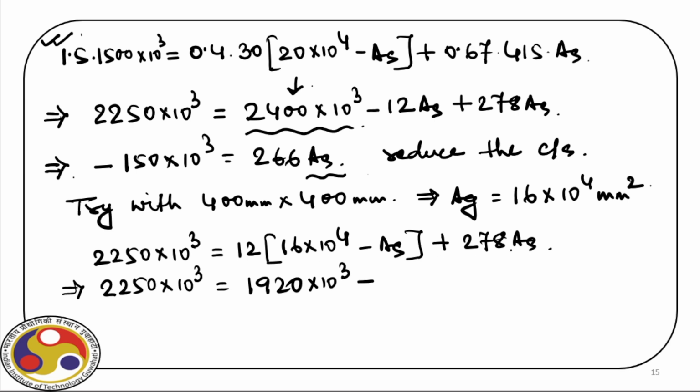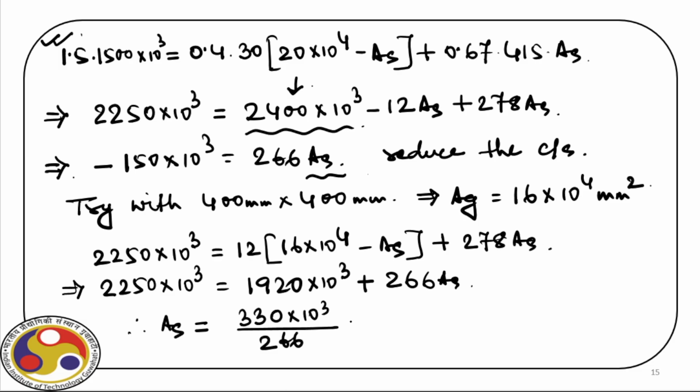Minus 12 is plus 278. So we'll have plus 266 AS. So effectively we have AS is equal to 330 into 10 to the power 3 divided by 266. So this value is 1240 millimeter square.